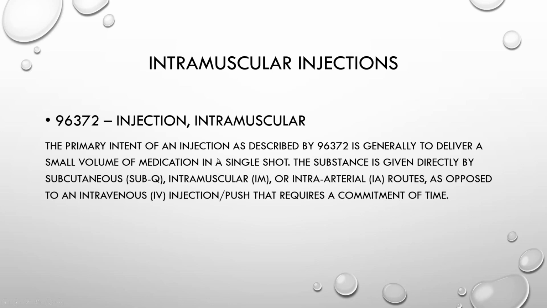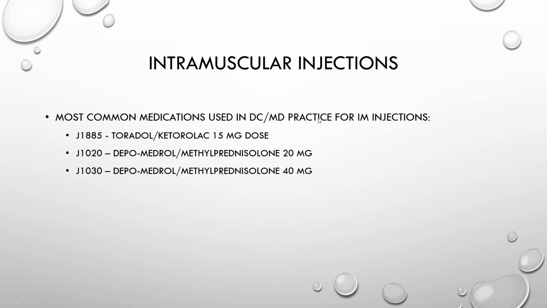And most of the time in the DC multispecialty offices, you're not going to be dealing with intra-arterial injections. It's either going to be subcutaneous or intramuscular. The most common medications that I have seen used in the DC-MD practices for intramuscular injections are your Toradol, Ketorolac, and Depomedrol.